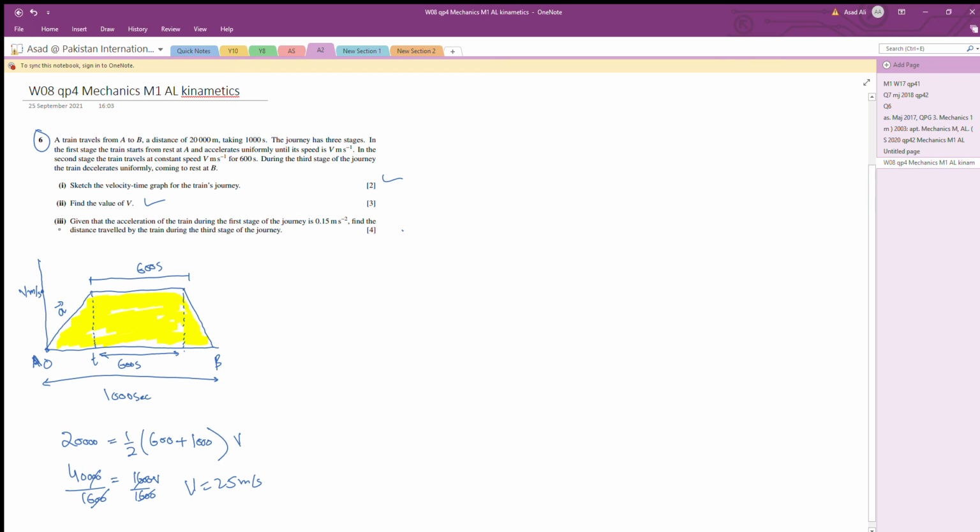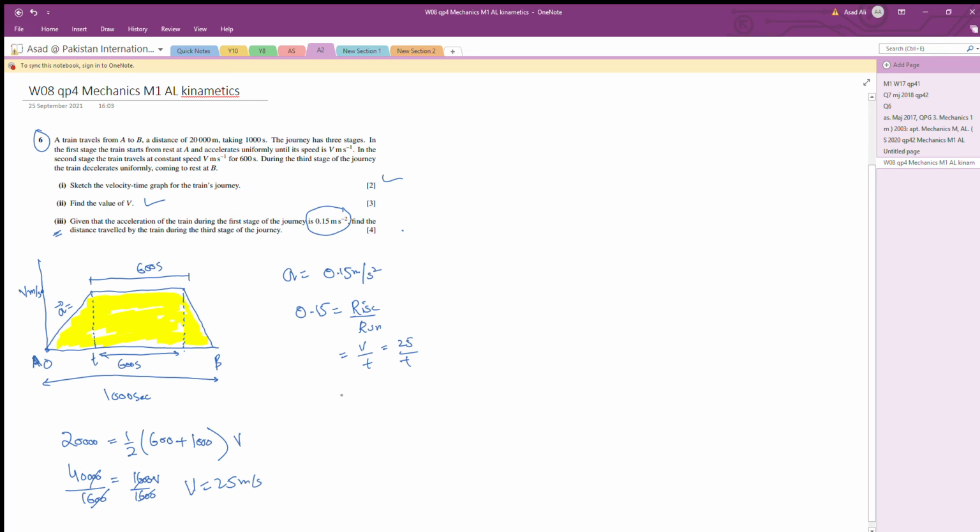Now the last part says: given that the acceleration of the train during the first stage of the journey is 0.15 meter per second square. Can we say that 0.15 is rise over run? Rise is v and run is t. V is 25 and run is t.